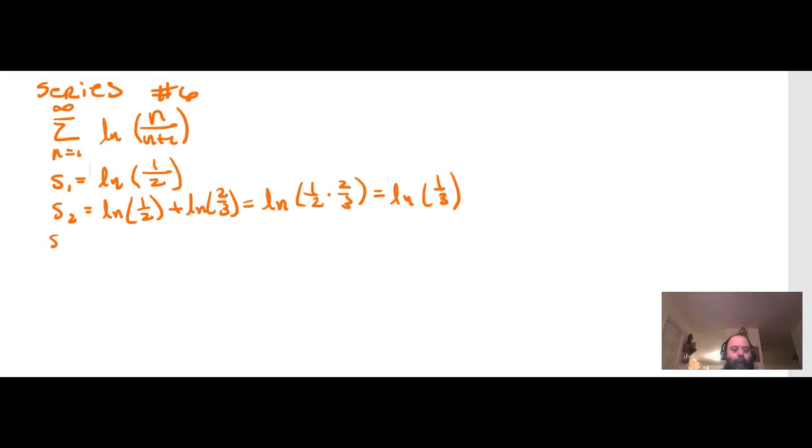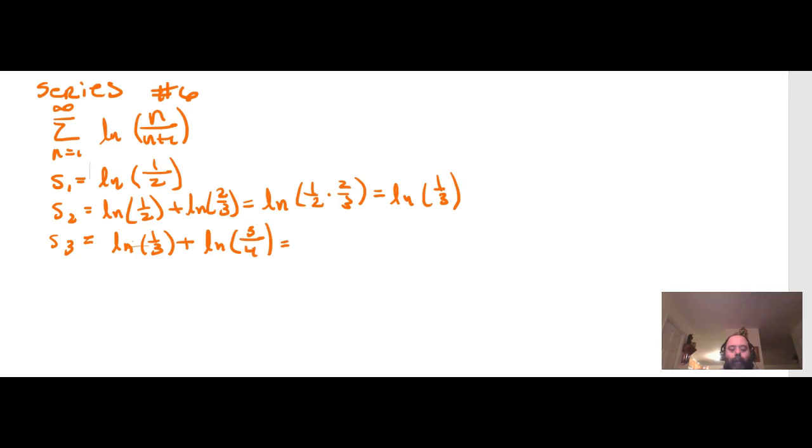So S3 should be S1 plus S2, that is, A1 plus A2 gets me S2, which is the natural log of 1/3, plus now A3, which should be the natural log of 3 over 4.